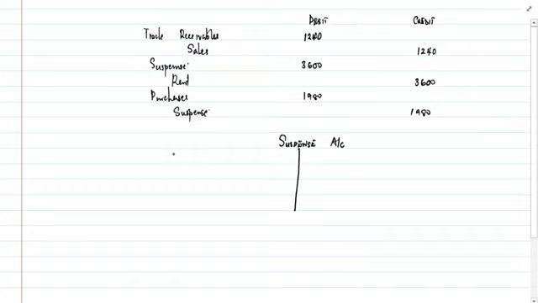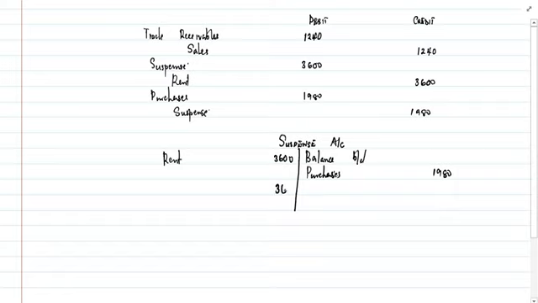Right, I will debit my suspense account. Error number 2 there, 3,600. Then the last error there, 1,980. So the original balance in the suspense account will be the balancing figure, balance b/d.